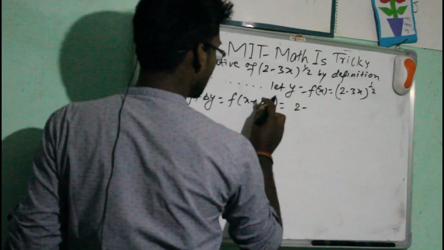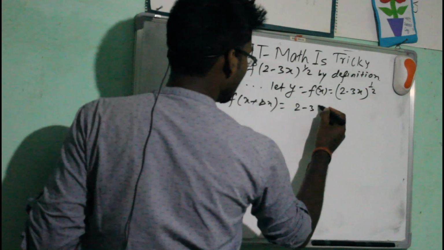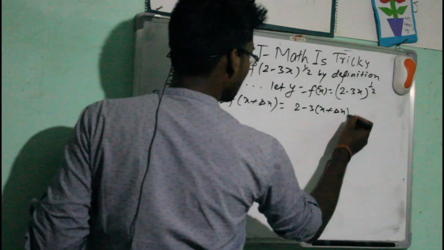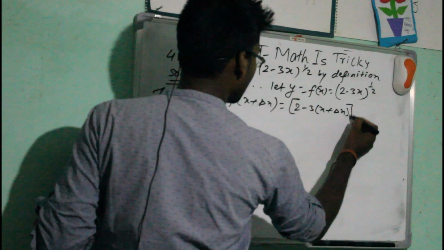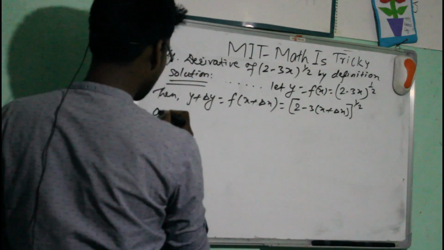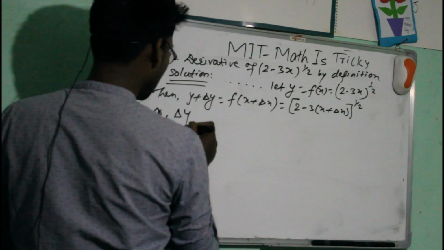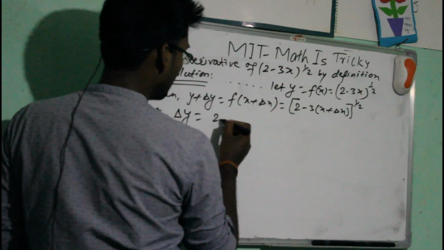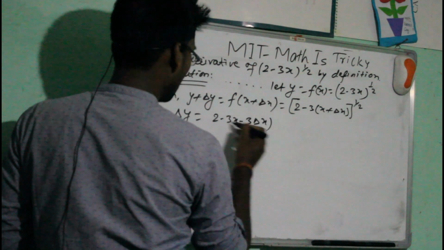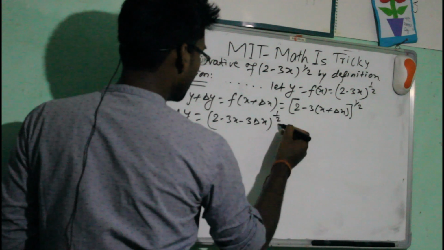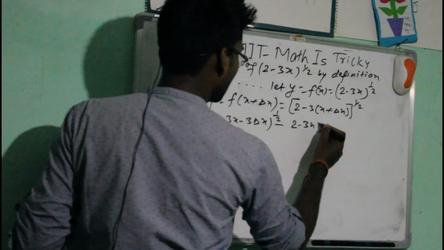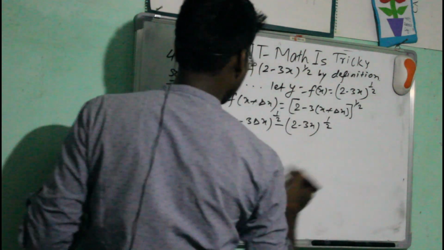So delta y equals (2 minus 3x minus 3 delta x) whole power 1 by 2 minus y, that is (2 minus 3x) whole power 1 by 2.